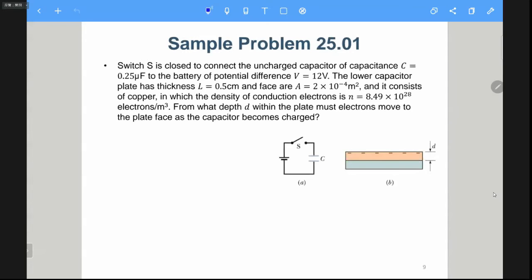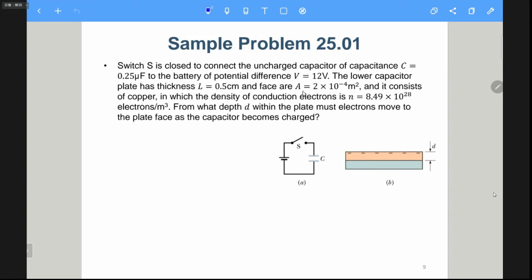So let's see a sample problem. Switch S is closed to connect the uncharged capacitor of capacitance C to the battery of potential difference V. The lower capacitor plate has a thickness L equals 0.5 centimeter.